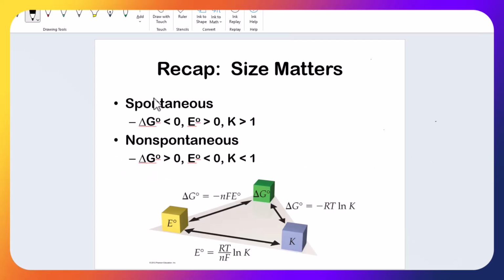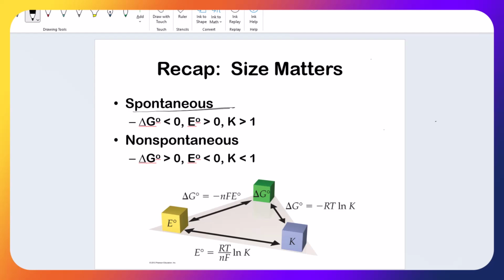All right. So size matters in terms of delta G, and sign matters. If we're talking about a spontaneous reaction under standard conditions, delta G naught will be less than 0, which means that E naught will be greater than 0, which means that K, the equilibrium constant, will be greater than 1, and that would be a spontaneous reaction. For a non-spontaneous reaction, delta G naught would be greater than 0, positive.